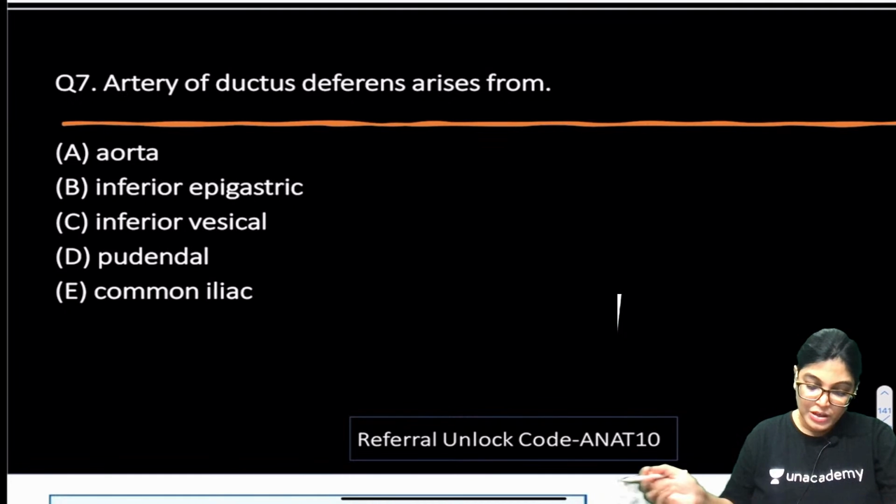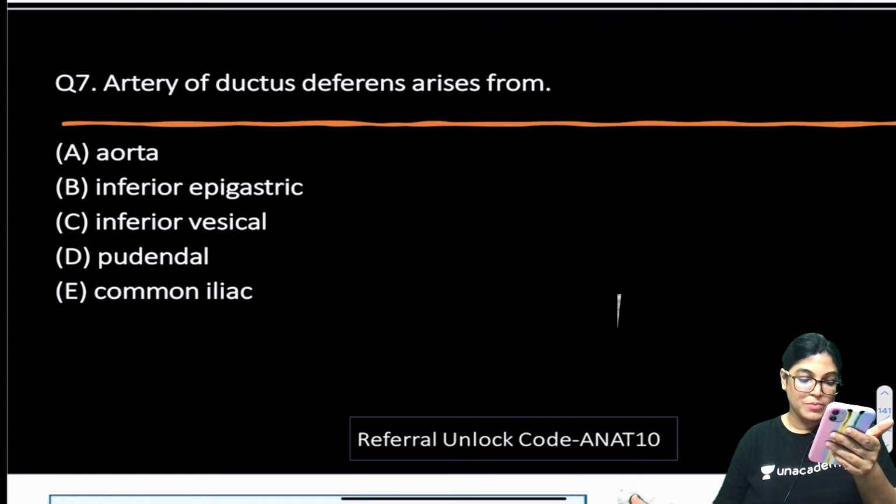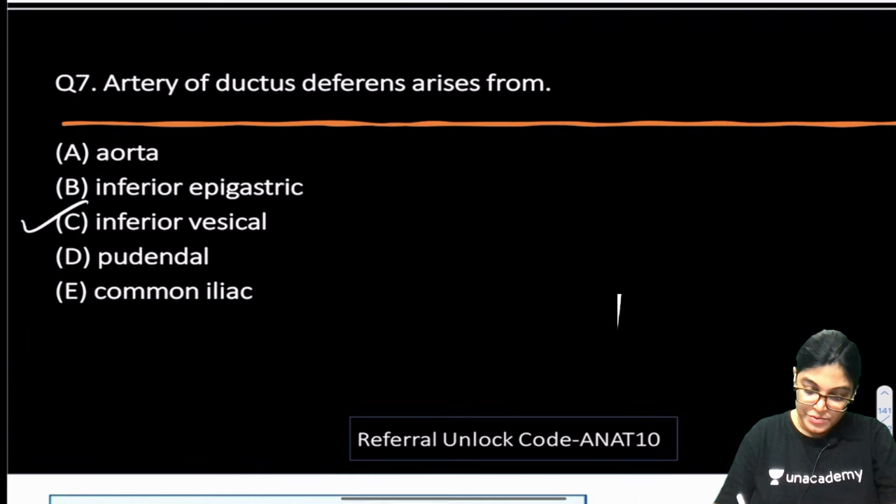What about others? Artery of ductus deferens arises from. Okay, Sangma is giving C. Rangraj, C. Most of you are C.